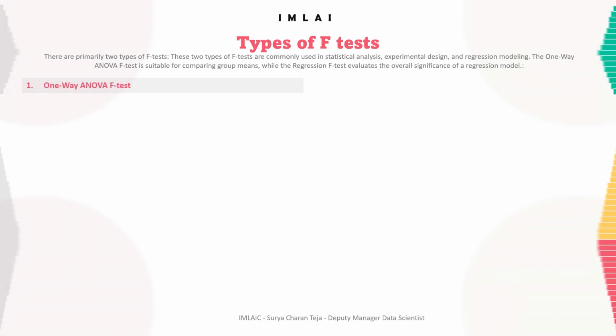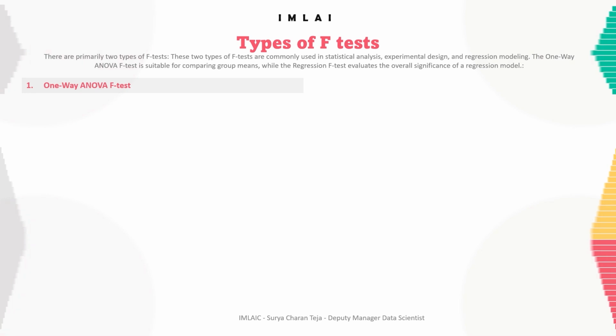The one-way F test is a statistical test used to compare the means of two or more groups or treatments. It assesses whether there are significant differences among the group means.